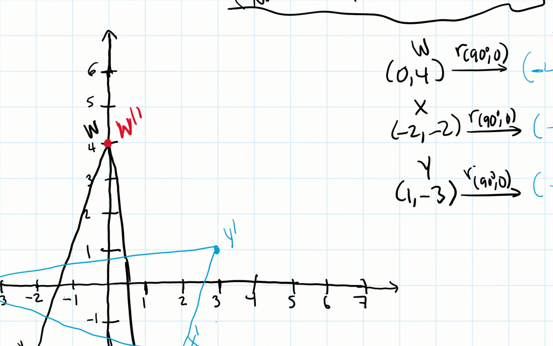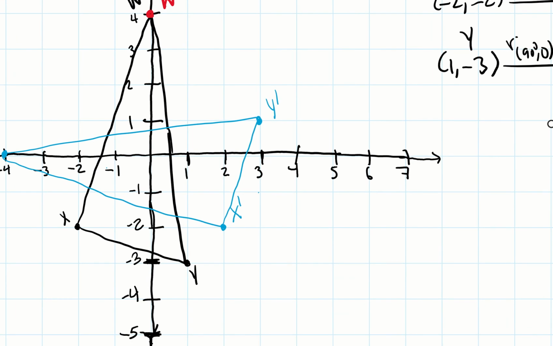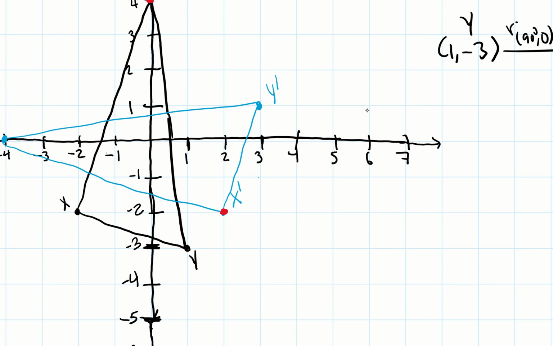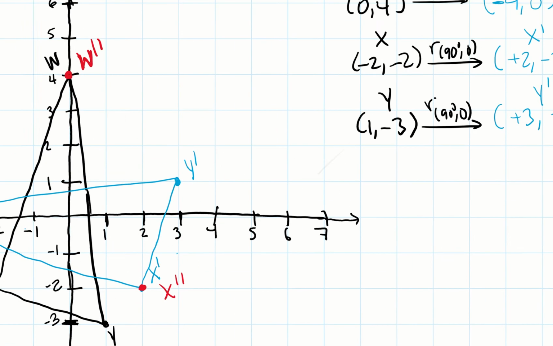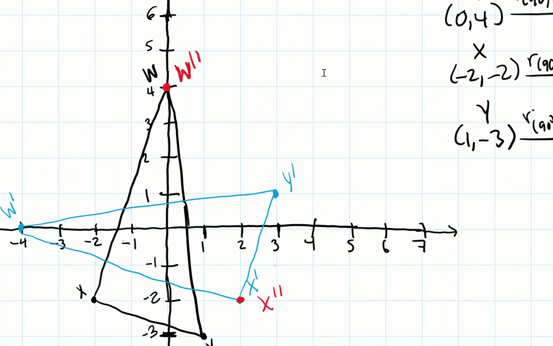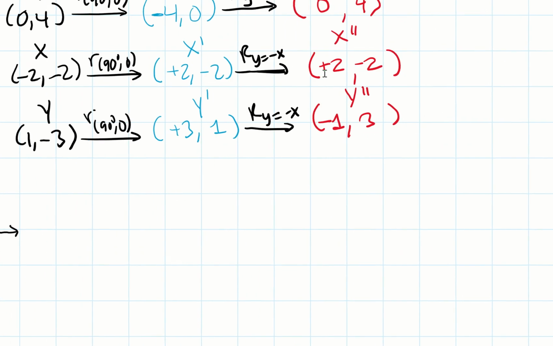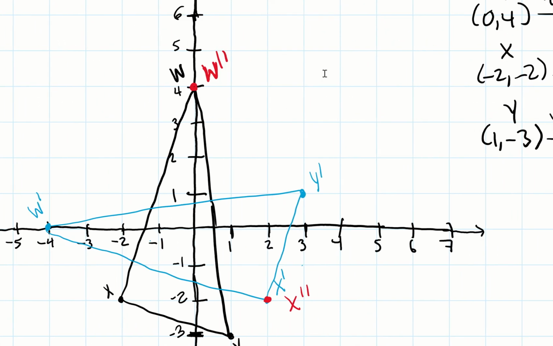This will be W prime. 2, negative 2 will be X double prime. Okay, and then we have negative 1, 3 for Y double prime.